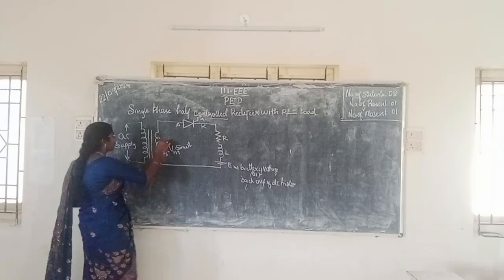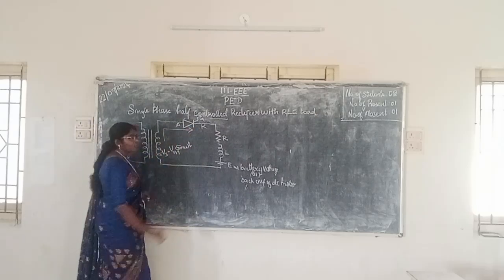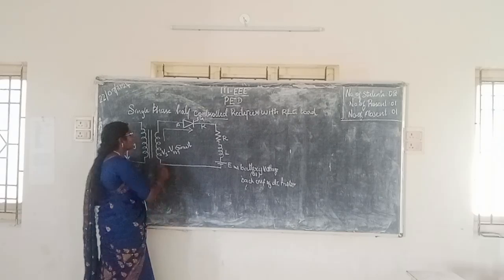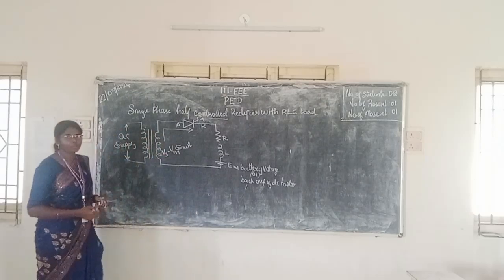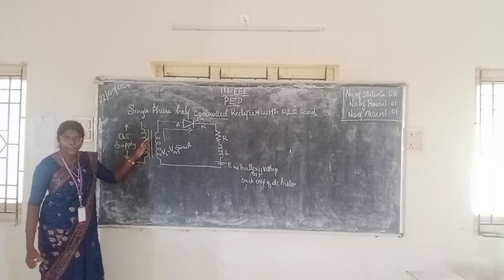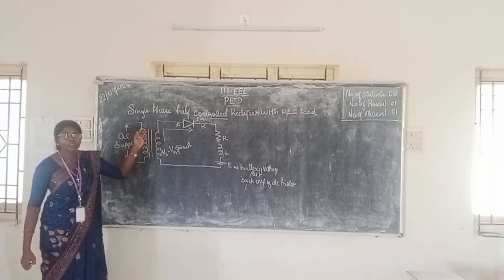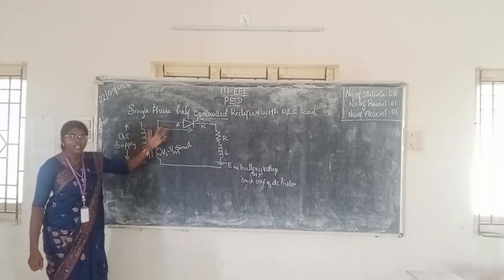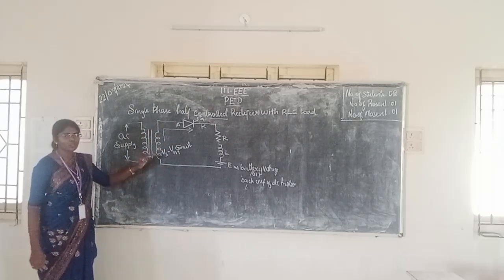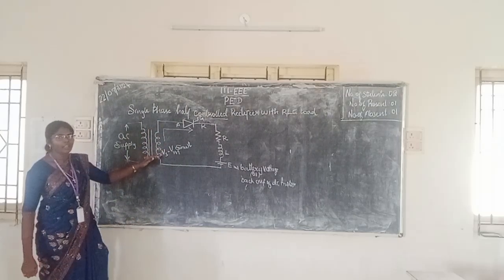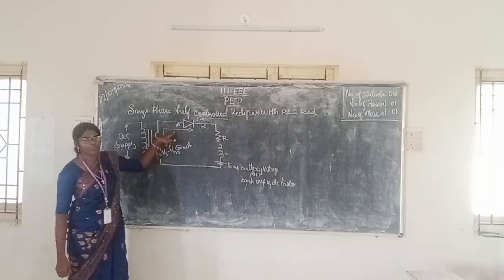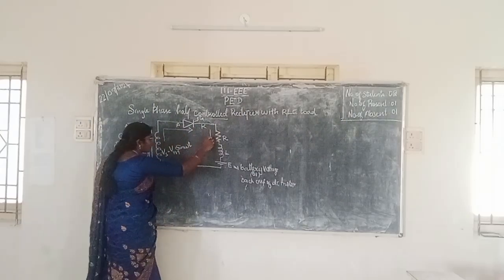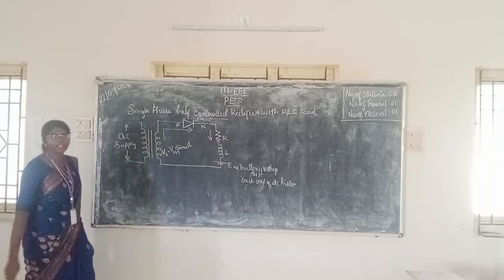During the first half cycle, current goes through the anode to cathode in the forward condition. The input voltage which you are giving should not be greater than the forward blocking and the reverse blocking voltage of the thyristor. So that voltage will flow through the load, R load, L load, and E load.